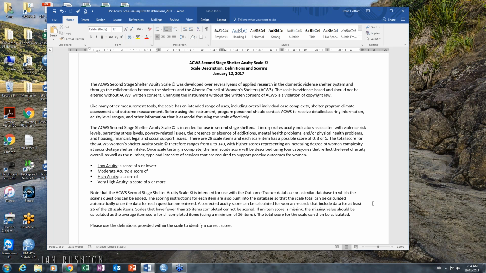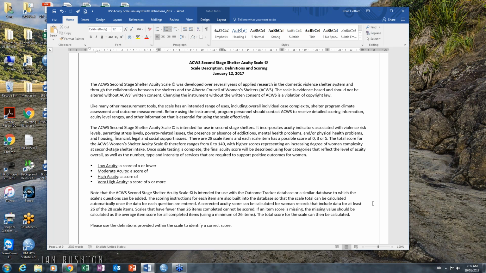The actual testing idea is to look at the case studies that we will be sending to you and to score them. It won't be a real person, but the case studies will describe the person. We will talk today about the actual scale and how to use it, as well as how to go through the case studies and score them.